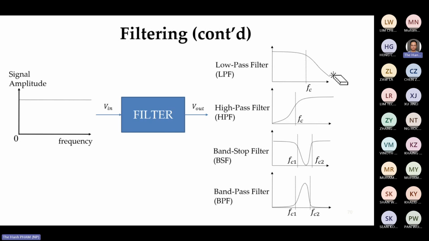Then the high frequency is killed off or removed, right? If you look at high pass, then high frequency survives, low frequency is removed. Band stop is when you kill a band here, right? You keep from this band and this band. Band pass is you preserve a small band and then you kill the low frequencies. Also, you kill the high frequencies.